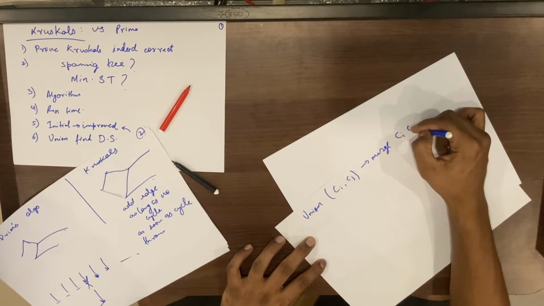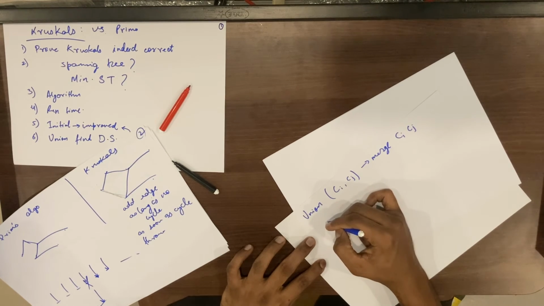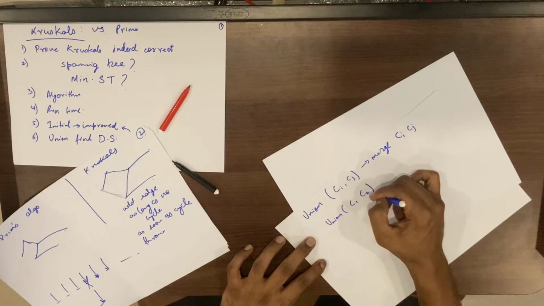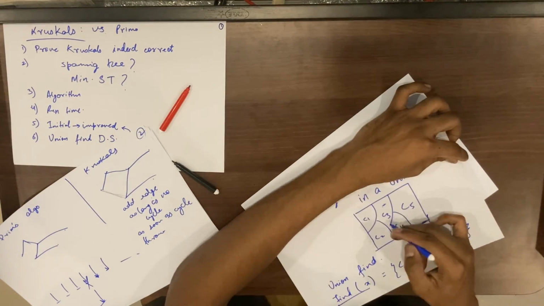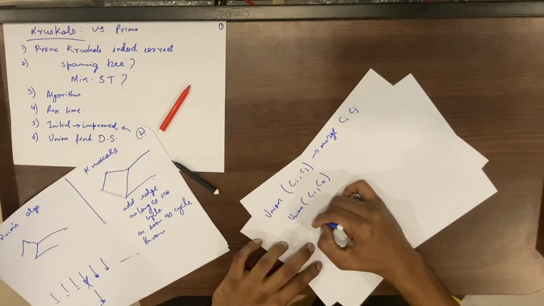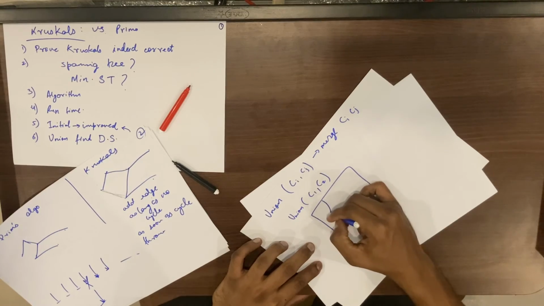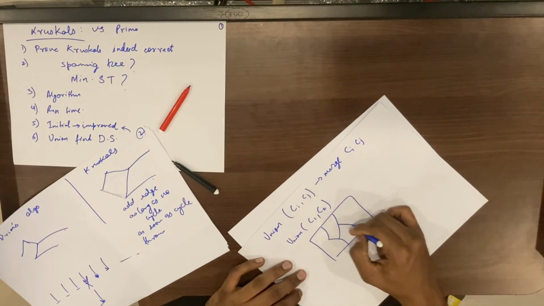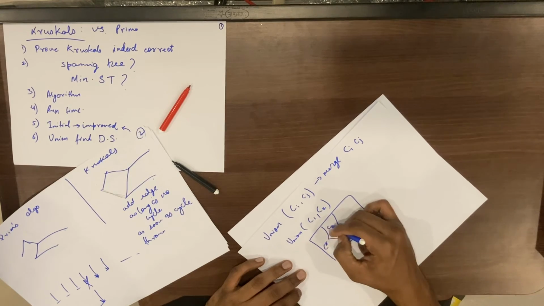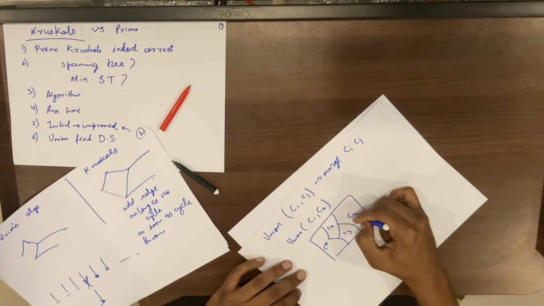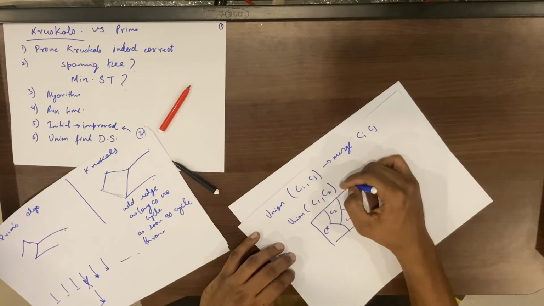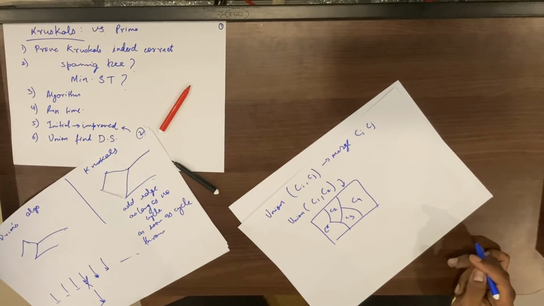So union of C1 and C2 in our example will look something like this. These used to be C1 and C2, but now they are both combined and we can call them whatever, C star, C3, C4. So this is the new unionized version of C1 and C2. This is basically what union find does.